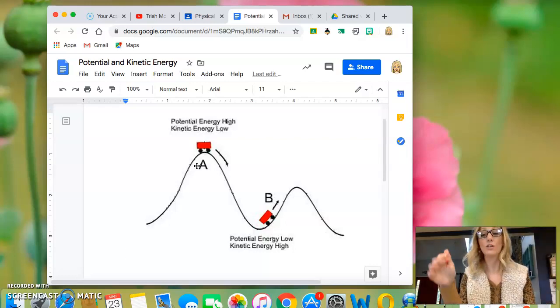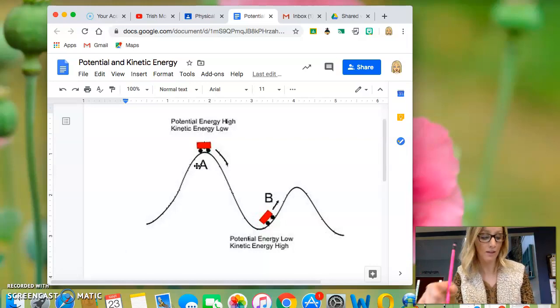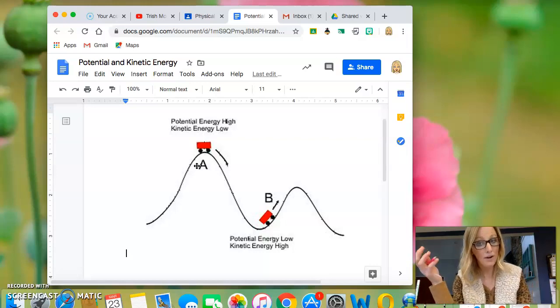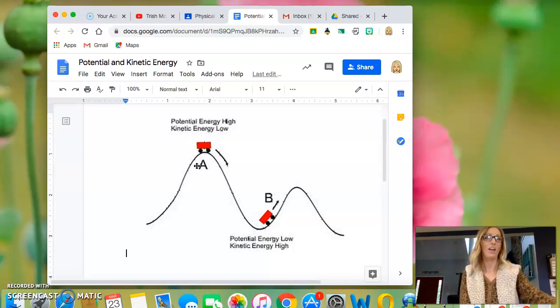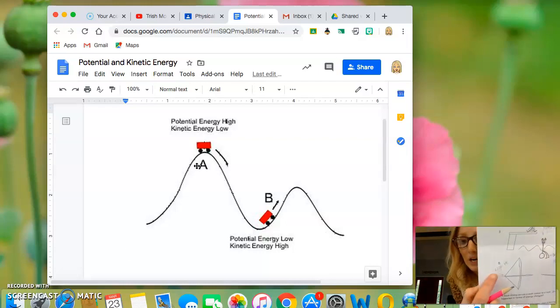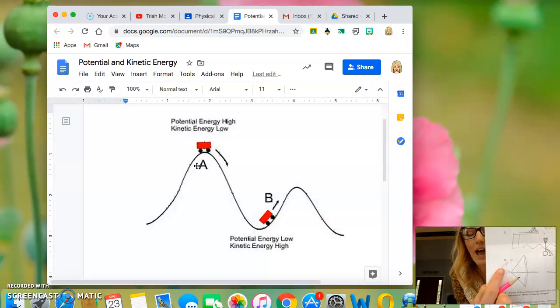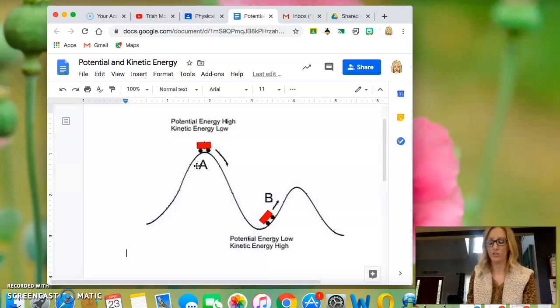All right, now let's look right below at number 5. We have a bow and arrow. Think, when you have your bow, you're holding it, you're looking at the target, it's not moving. So right here where it's not moving, it's going to have a very high potential energy. So you're going to write high PE, and if it's a high potential energy, that must mean it has a low kinetic energy, or KE.